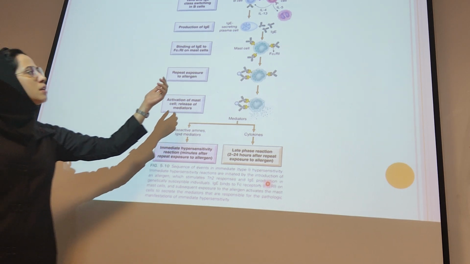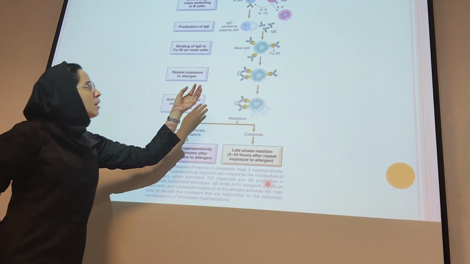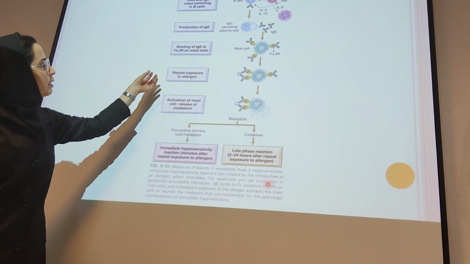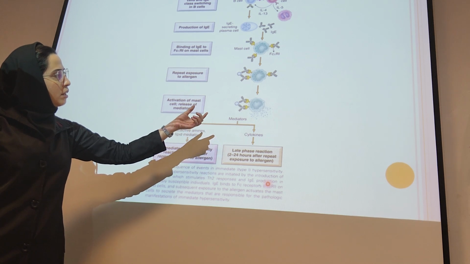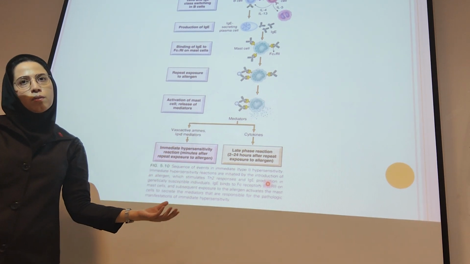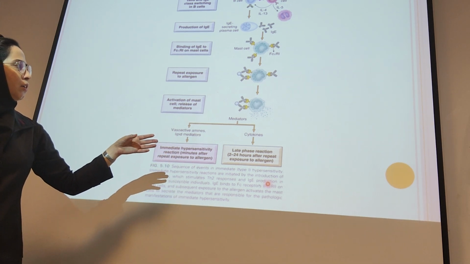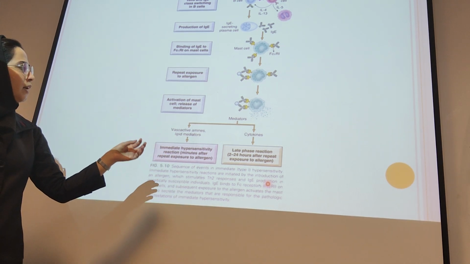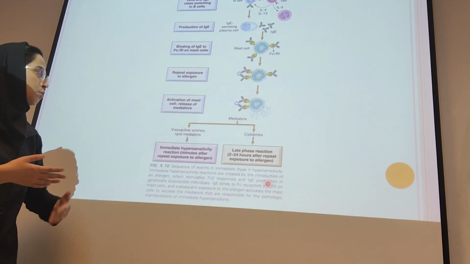This IgE attaches to the mast cells, and after repeated exposure to the allergen, we have activation of mast cells, and they have granules that are secreted from them, and we have some symptoms.